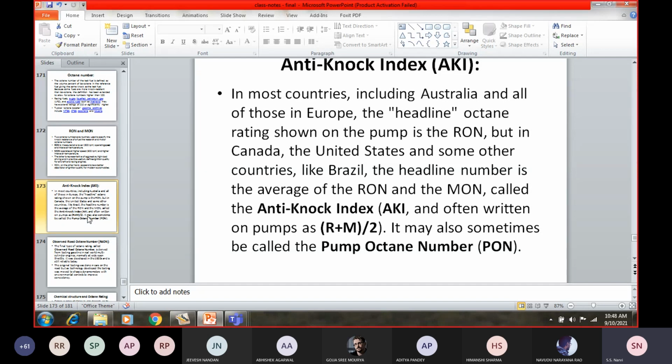Another indicator which is used for this is known as the anti-knocking index, AKI. This is RON plus MON divided by 2, known as the anti-knocking index.